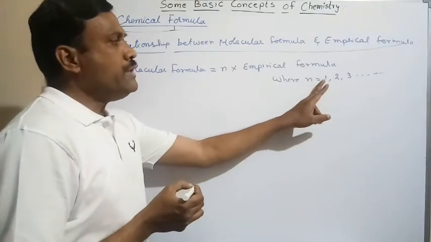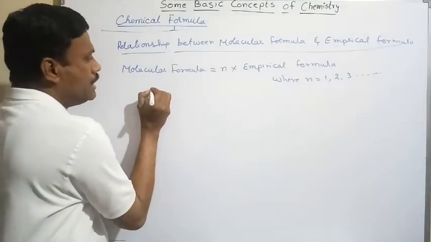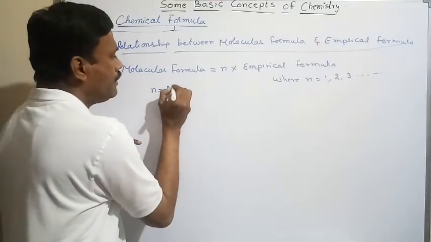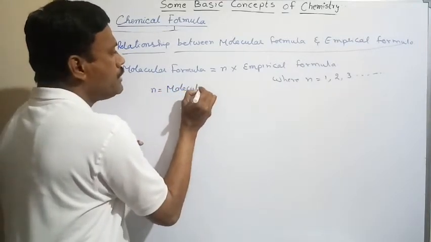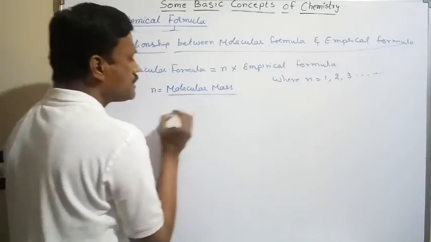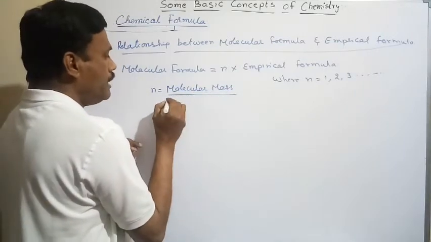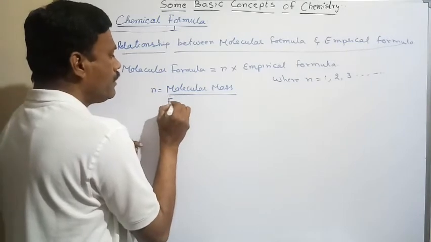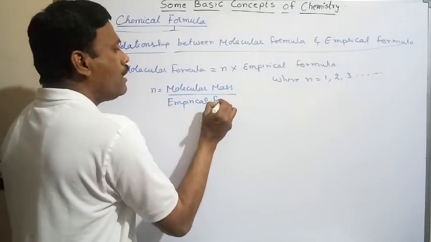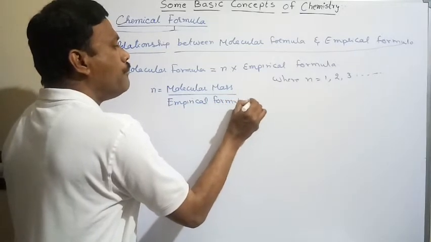The value of N is obtained when molecular mass is divided by empirical formula mass.